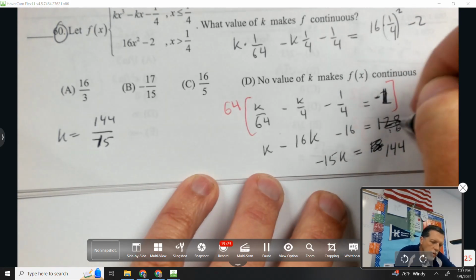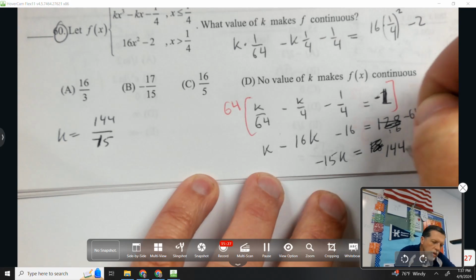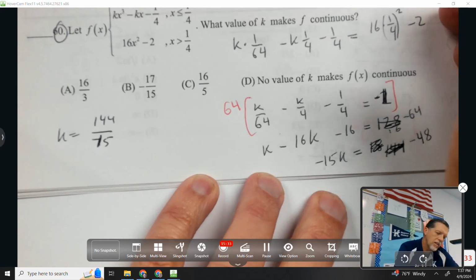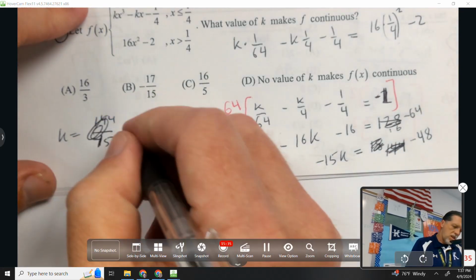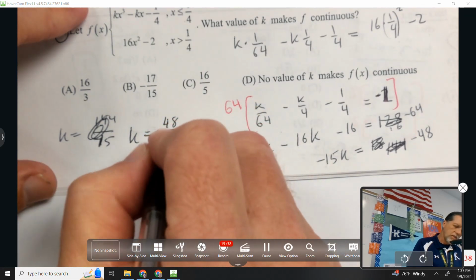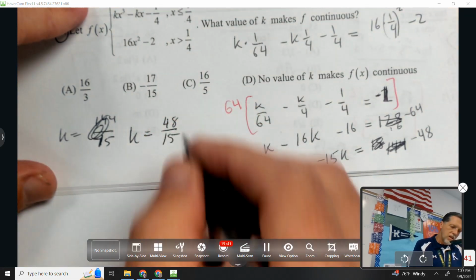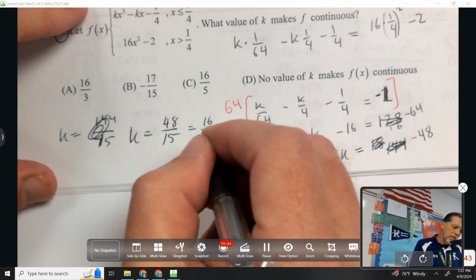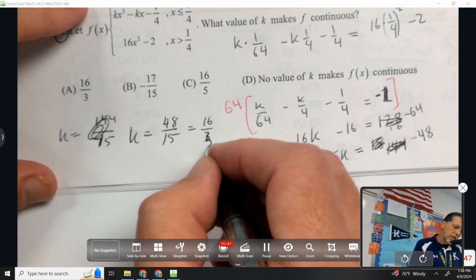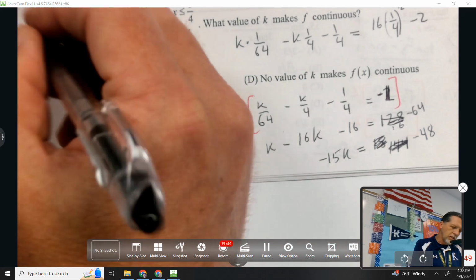Times 64 is negative 64. Plus 16 is negative 48. It's okay, it's 48 over 15. But that reduces to 16 over 3. No, 16 over 5. Ugh.